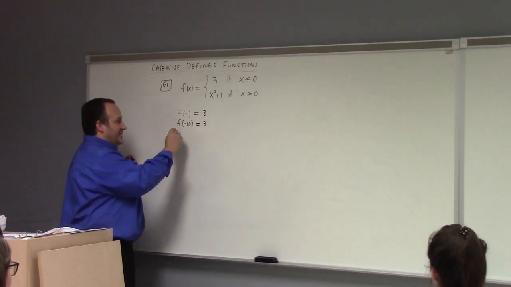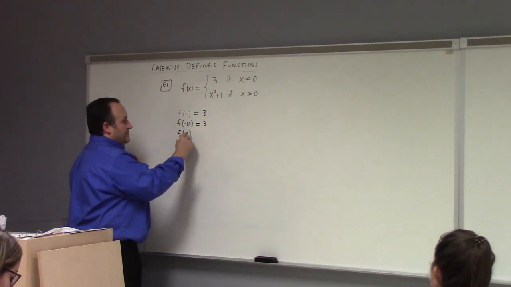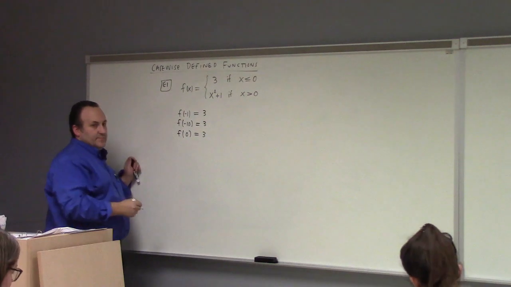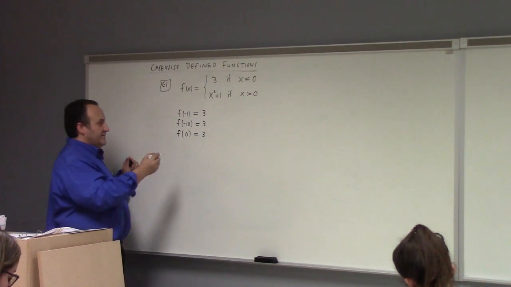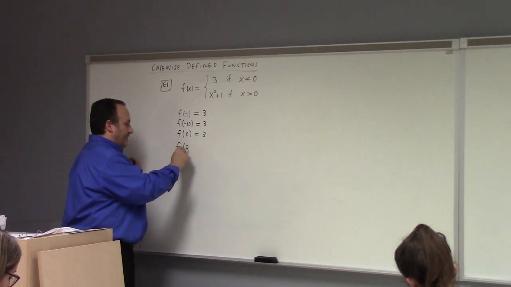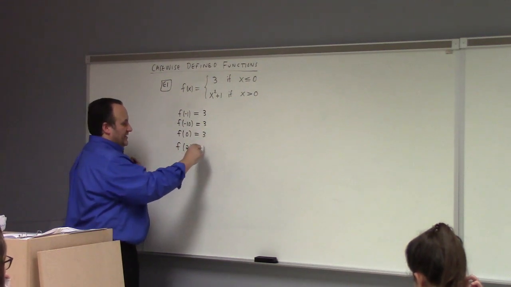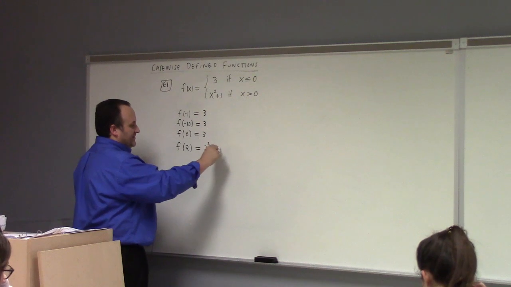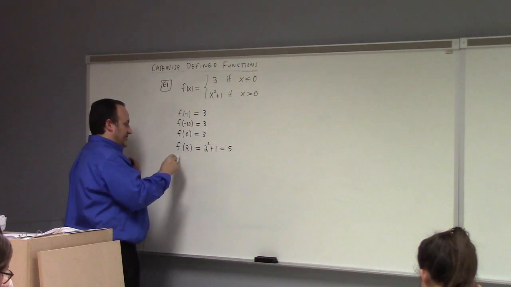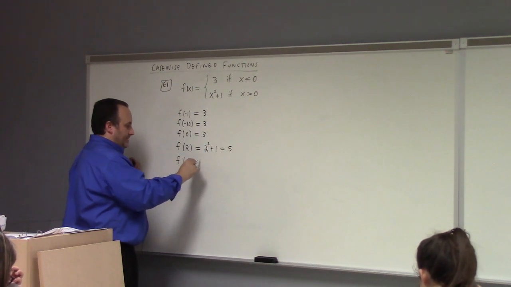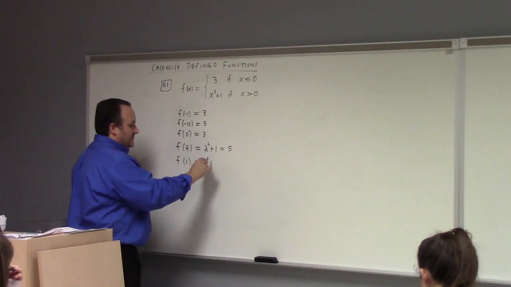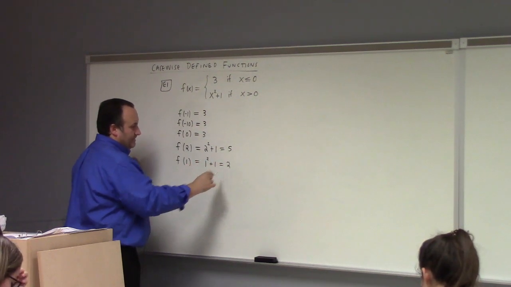It's a very boring formula, but there it is. f of 0 is 3. Okay, how about f of 2? Yeah, 2 squared plus 1, also known as 5. I guess I could look at f of 1 also, right? 1 squared plus 1 is 2.